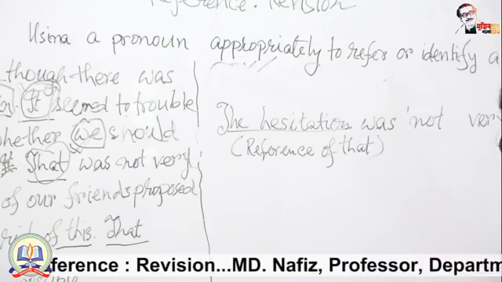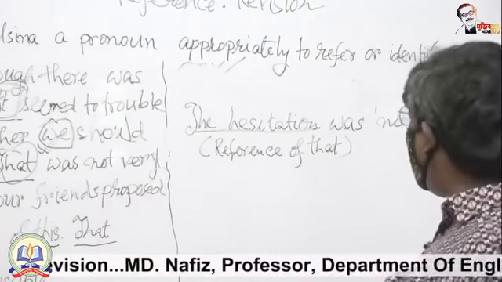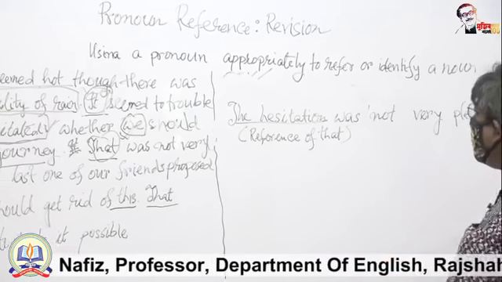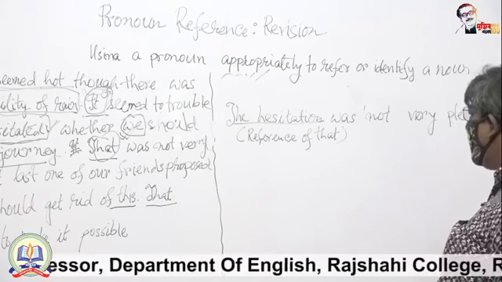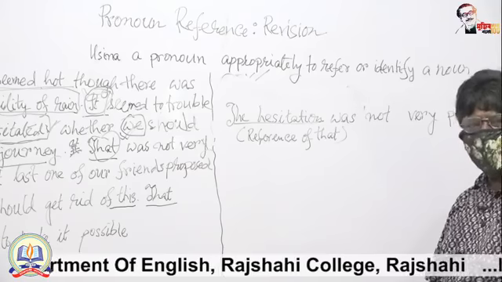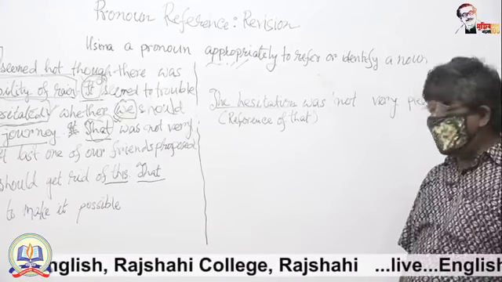So if you write the hesitation in lieu of that as the reference of the pronoun, you get the sentence like this one. The hesitation was not very pleasant, and the sense of the sentence is clear.